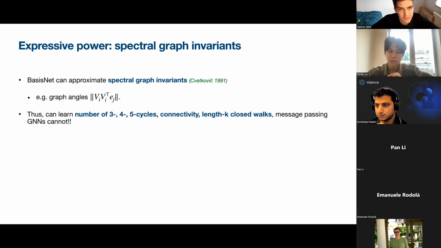And there are these things called graph angles, which are probably the most popular spectral invariants, besides just the set of eigenvalues. And graph angles are in this formula right here. It's the projection onto the ith eigenspace of the jth standard basis vector. So there's a solid amount of them.